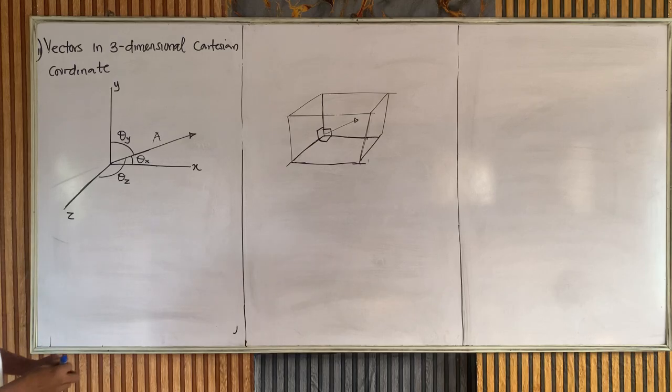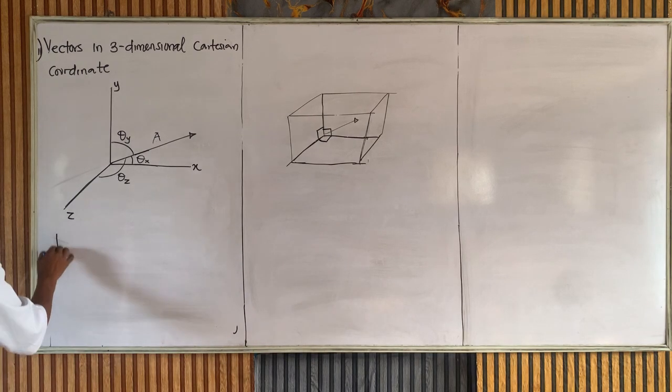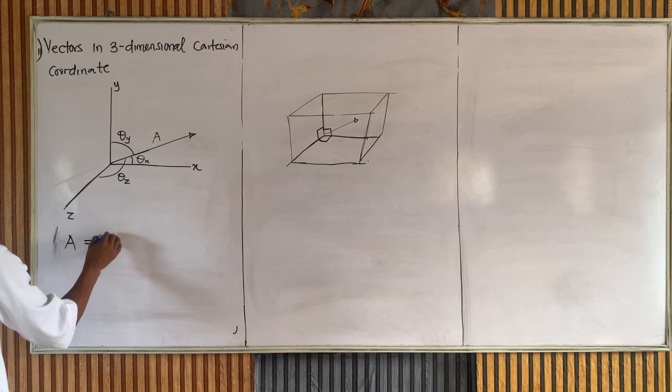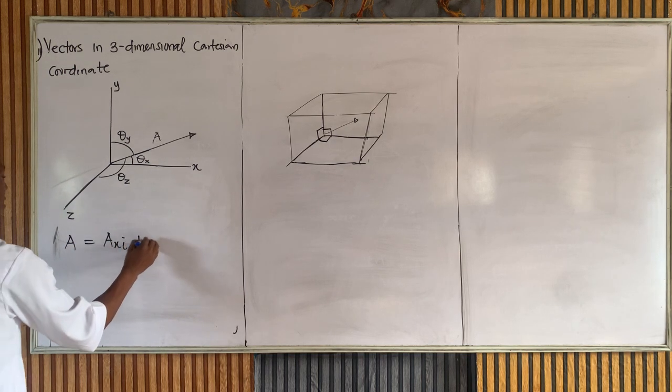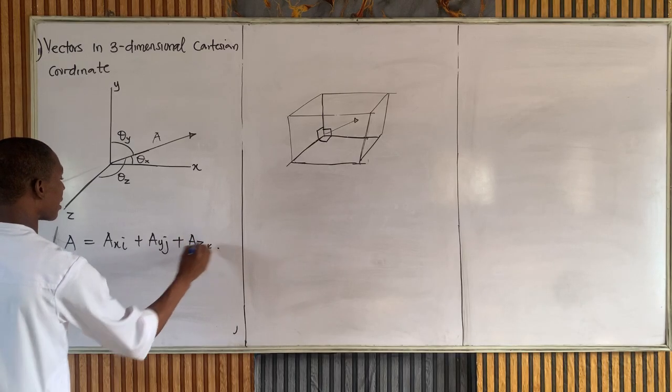We've said so many things about what we can find about component vectors. This vector A can be represented as Ax i plus Ay j plus Az k.